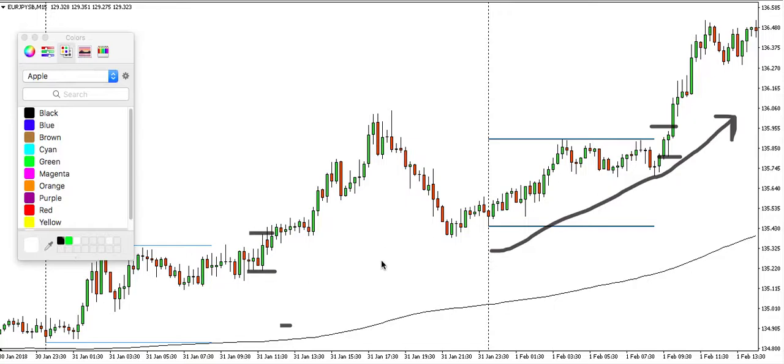Okay, so what I said was, well, on these lower time frames, when a trend's occurring, you're likely to get more orders come in and price continue when new sessions open.